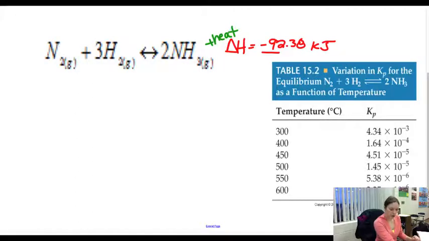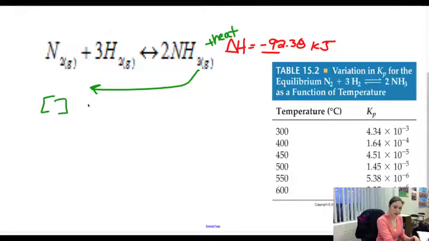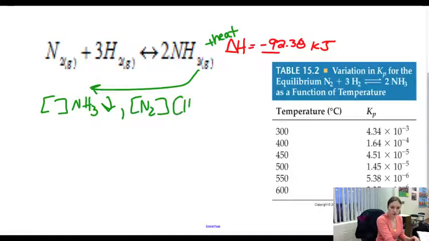Okay. So if I add more heat or more energy to this system, this is going to shift to the left to get rid of that heat that I have. So if I'm shifting to the left, that means my concentration of NH3 is going to go down, and my concentrations for N2 and H2 are going to go up.